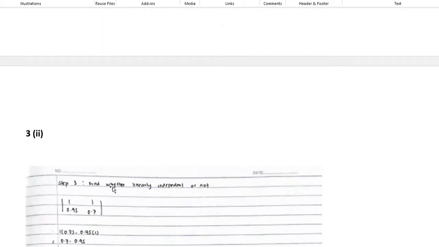Okay, for step 7, YP prime equals AY plus G. This is the formula. After we get the value of YP prime, we need to sub back into YP prime equals AY plus G, which is actually from here.